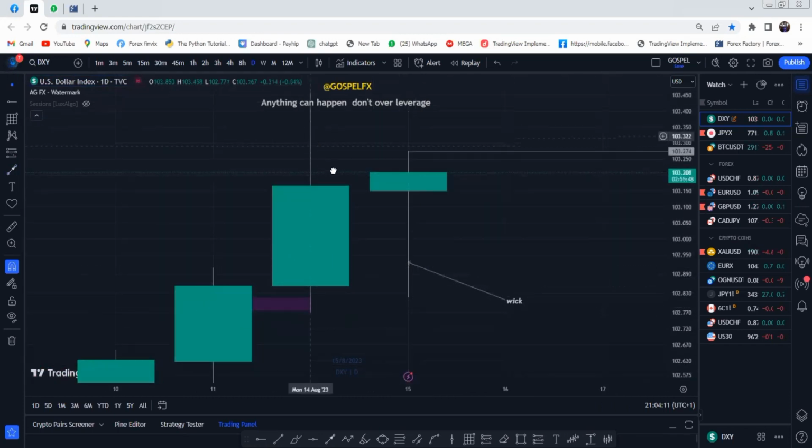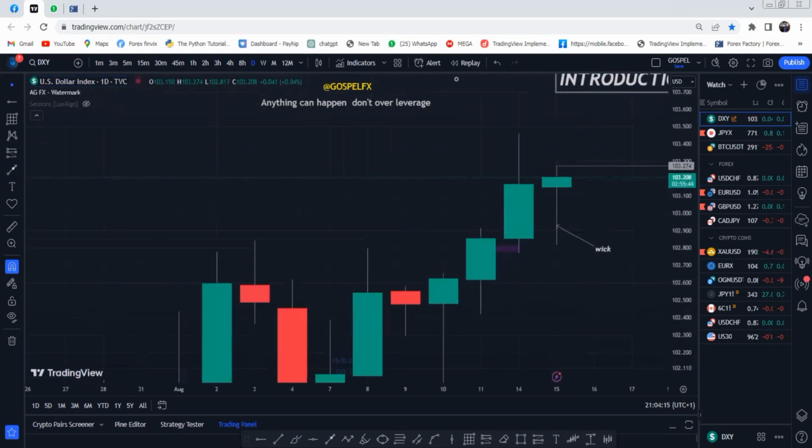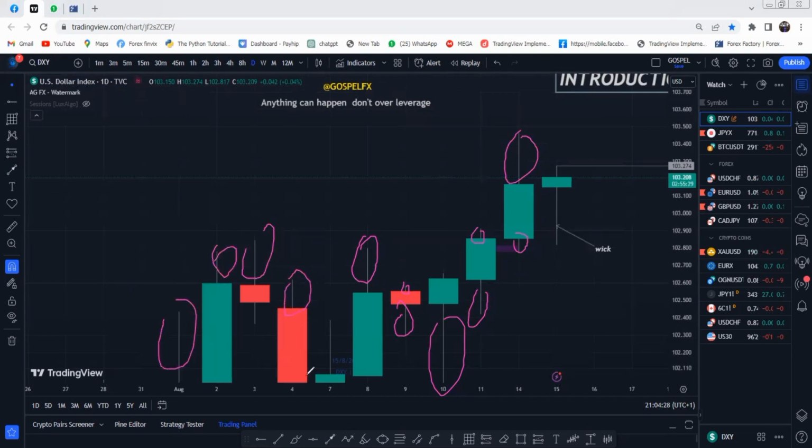This is a wick, this is a wick, and so on. There are so many wicks. Almost every candle has a wick. It might be small, but every candle has a wick.